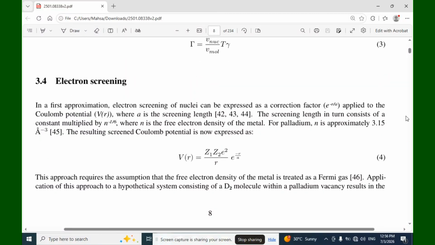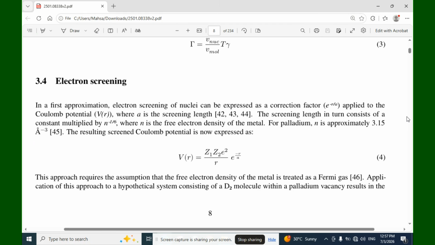Now I want to go through another section, electron screening. In the first approximation, electron screening of nucleons can be expressed as a correction factor e to the power of minus r divided by R applied to the Coulomb potential V(r), where R is the screening length. The screening length consists of a constant multiplied by n to the power of minus 1 divided by 6, where n is the free electron density of the metal.